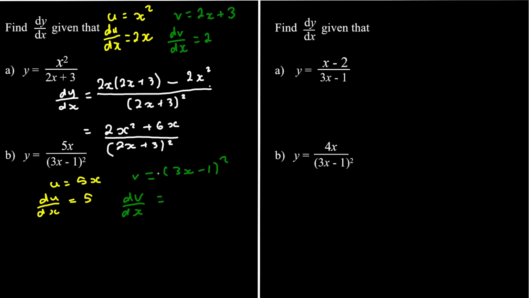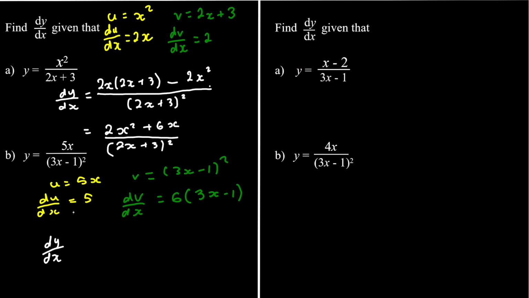So we're going to be timesing by 2. So it'll be 2 times 3x minus 1, but then times by 3, just to save space, I'm not going to write them both down. It's going to be 6 times 3x minus 1. So times by the power, take 1 off the power, times by the bracket differentiated.